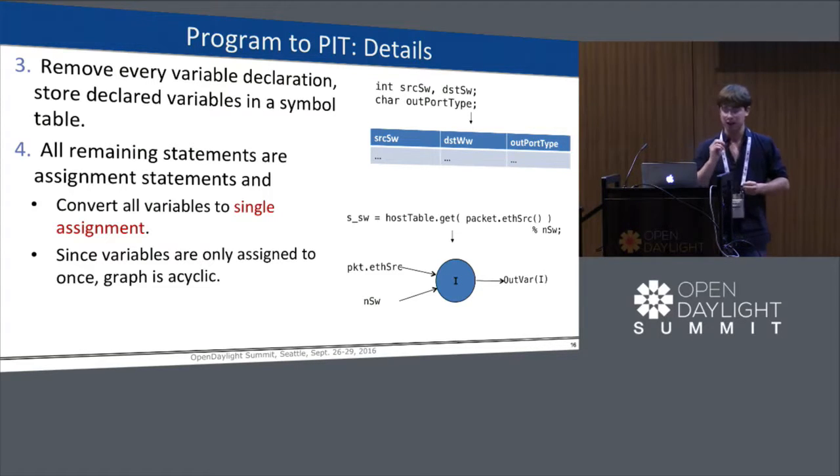Since variables are assigned only once, the graph that we get once we've converted all instructions to tables is acyclic in terms of dependencies. That is, there exists no cycle of graphs where each edge in that cycle is a dependency of one instruction table on another instruction table.